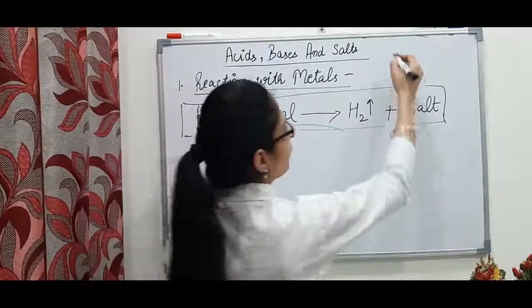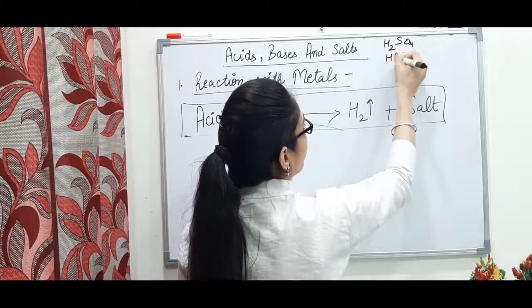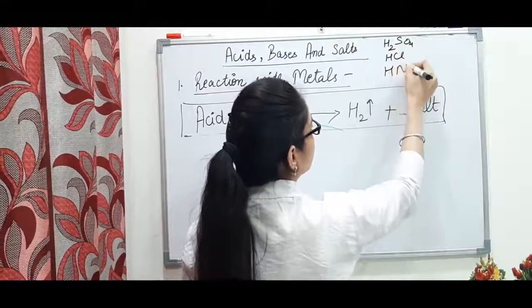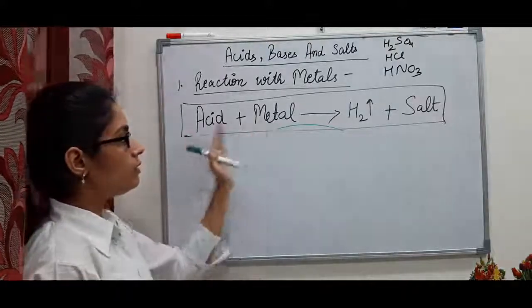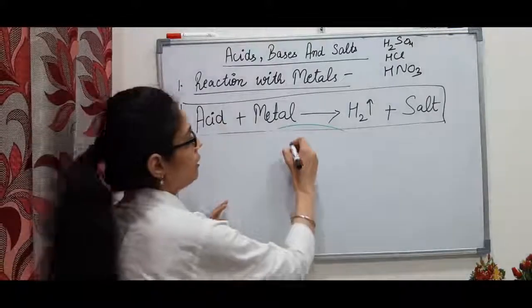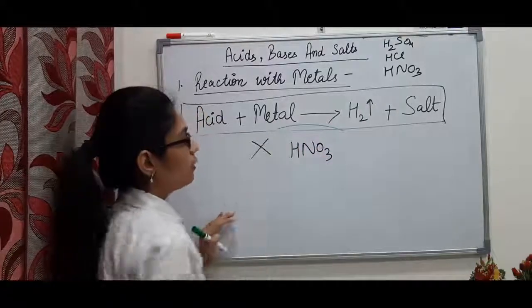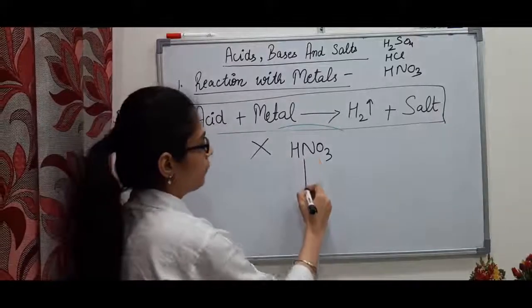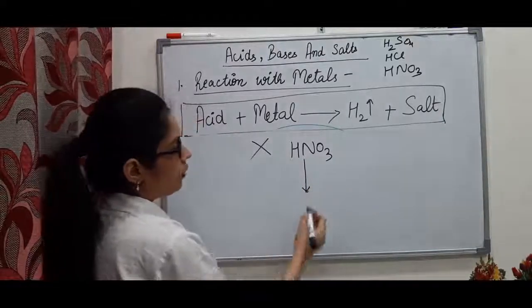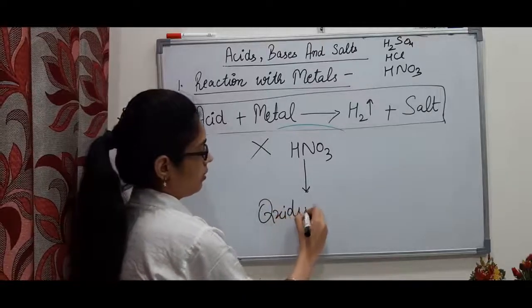So I told you we can use these three acids: sulfuric acid, hydrochloric acid, and nitric acid. But especially for this reaction, when acid is reacting with metal, HNO3 cannot be used. It cannot be used. The reason is that HNO3 or nitric acid is an oxidizing agent.